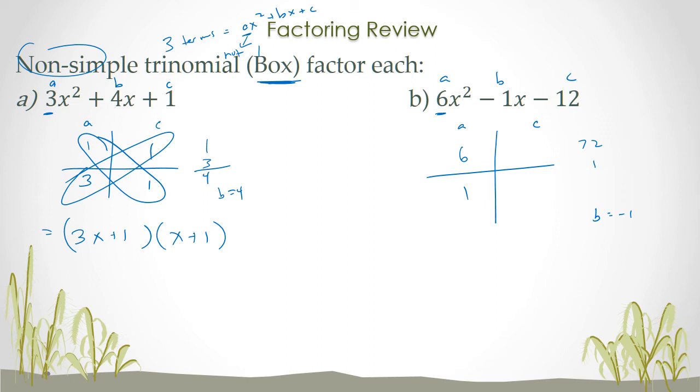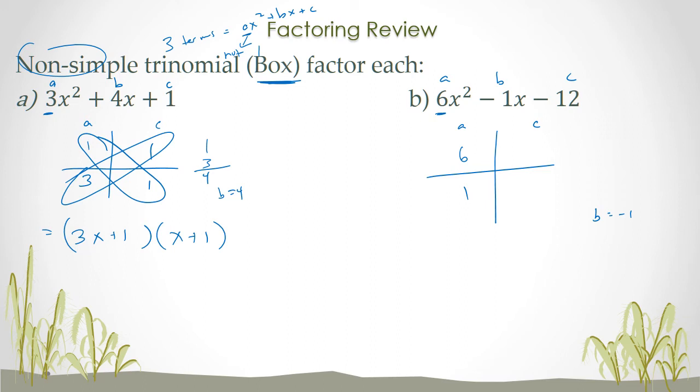Now, just because you try 12 and 1 doesn't mean that the reverse doesn't work, or the converse, which would be 1 and 12. 6 times 1 is 6. 1 times 12 is 12. No way I'm getting -1 out of those either. Now, if you know the answer already, that's awesome. For the sake of everybody else, I'm going to go through all of these, or at least some of the trial and error.